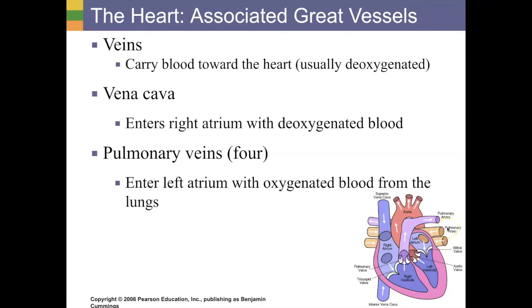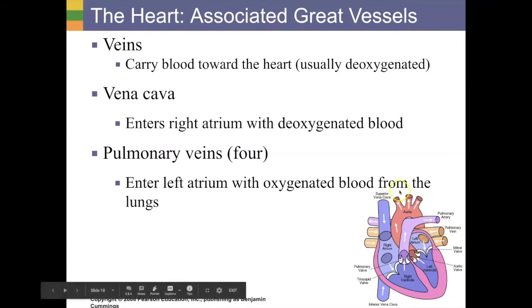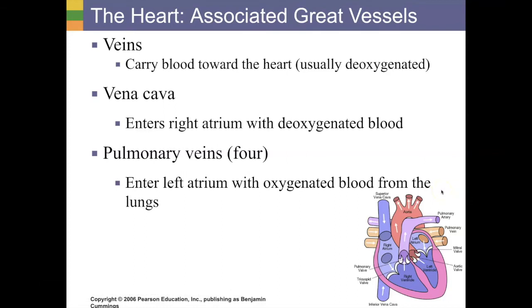These veins are bringing oxygenated blood that we just got from the lungs. That way, our heart can pump out that oxygenated blood to everywhere else in the body. So veins are generally going to be carrying deoxygenated blood because it's taking that blood back to the heart so it can pump it back to the lungs. But in the case of the pulmonary veins, it's also going to be taking that oxygenated blood.